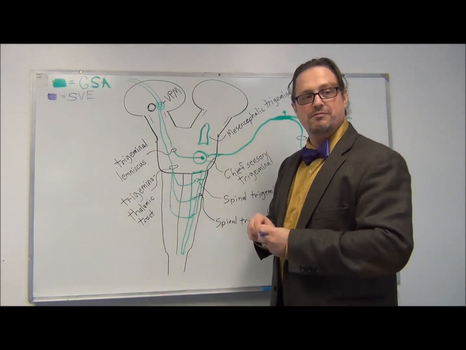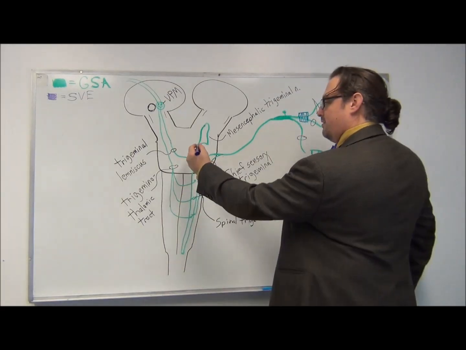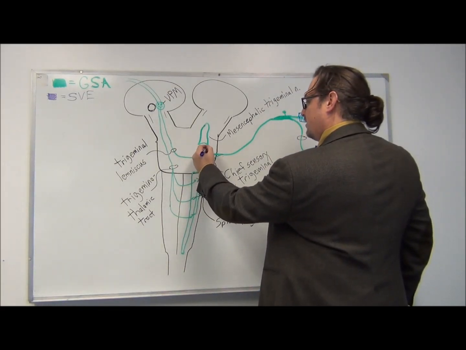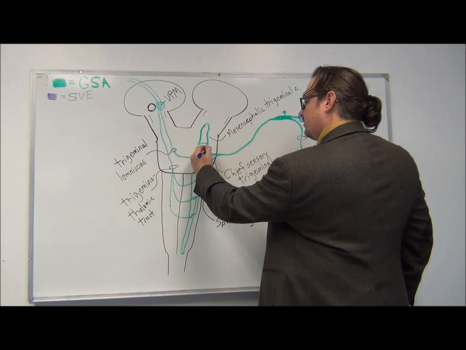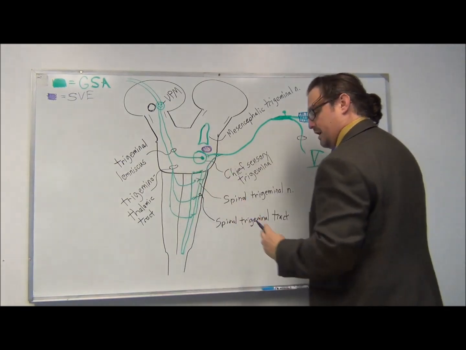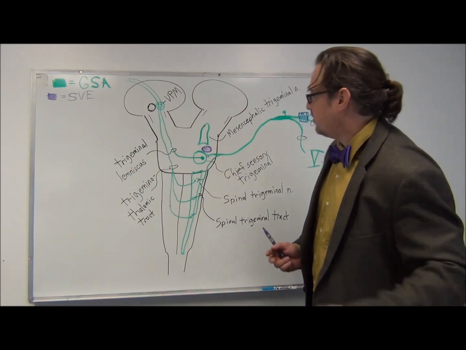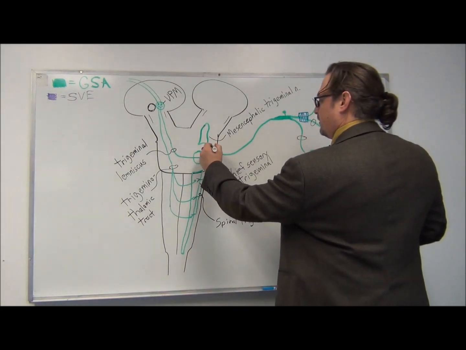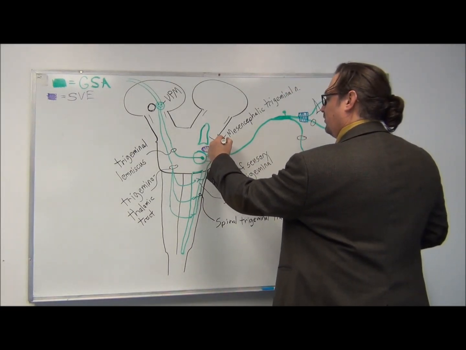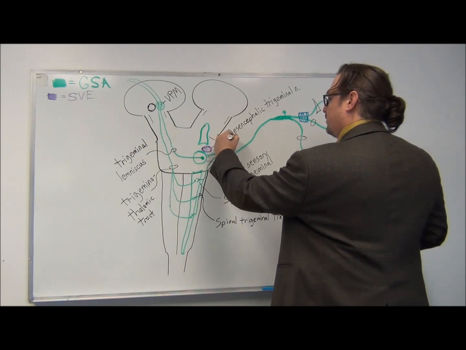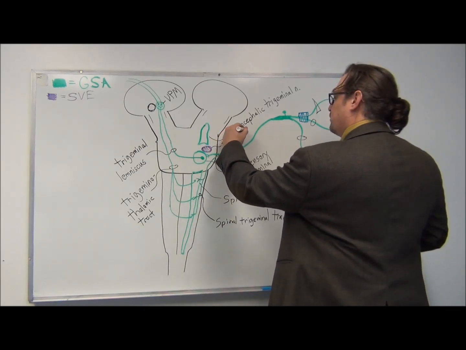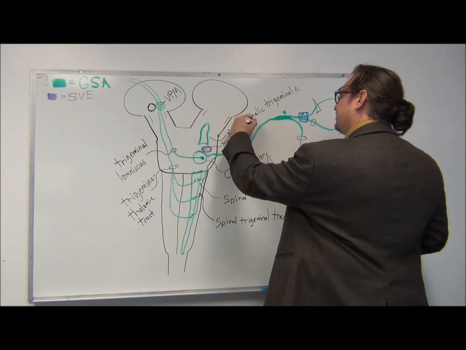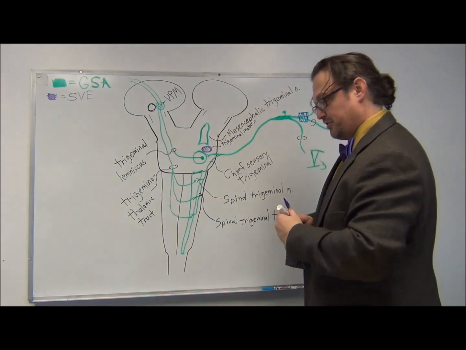Because it's a different function, there has to be a different nucleus for that. And that nucleus is hanging out right around here. And that guy goes by the very sensible name of the trigeminal motor nucleus. Sometimes called the motor nucleus of 5.